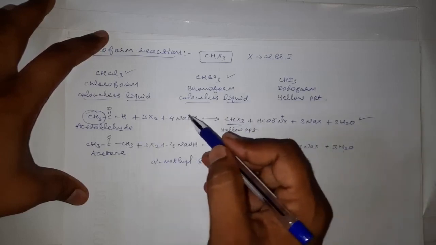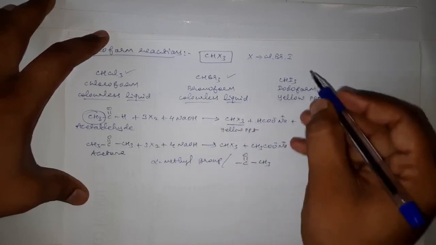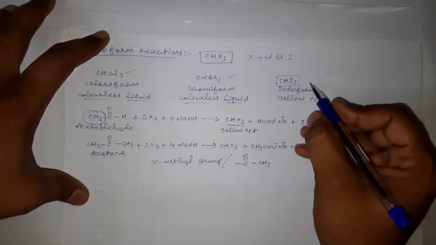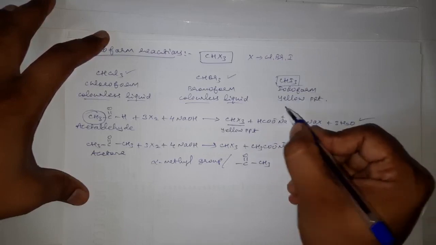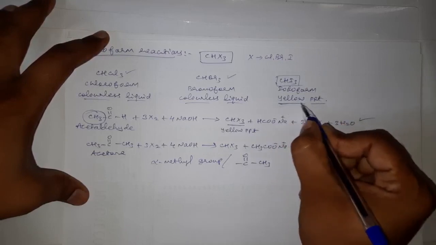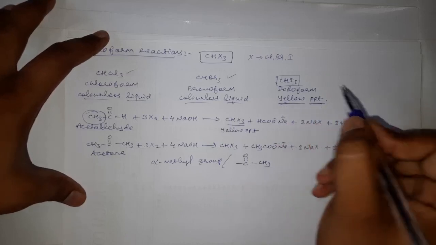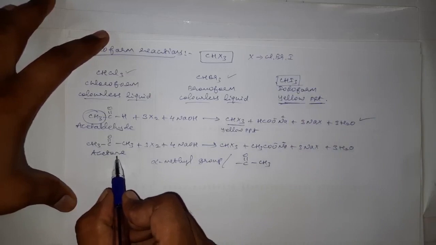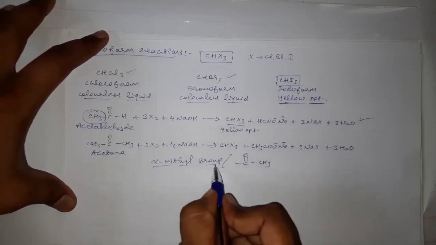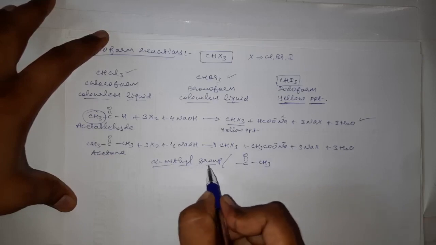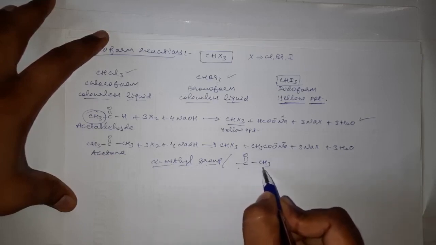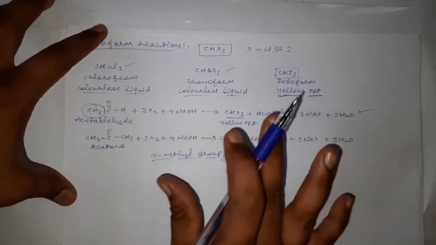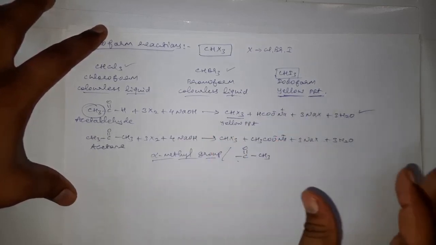But with iodoform, if at the end of the reaction we get a yellow colored precipitate, then we can easily say the aldehyde or ketone under examination has an alpha methyl group, or this C=O CH3 group. These types of aldehydes or ketones can only give the iodoform test.